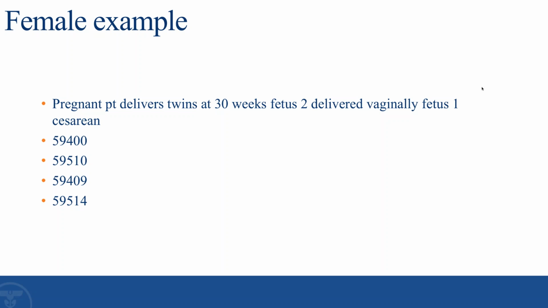So what is a physical status modifier? A physical status modifier is basically the patient's condition at the time of surgery, when the anesthesia is administered, right? That's what their healthy condition is, right?